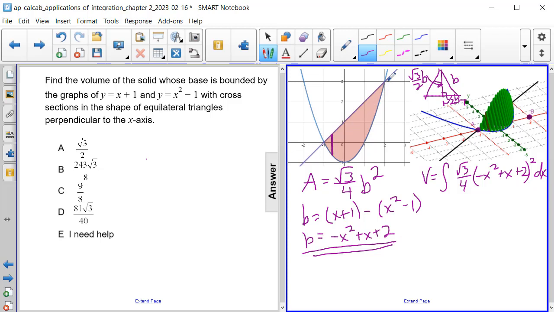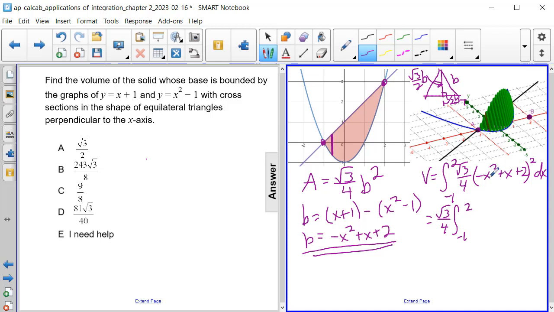If we look at our two-dimensional graph to determine the lower and upper bounds, it will be from negative 1 to positive 2. Because we're at negative 1, and then the x-coordinate over here is positive 2. And we can pull the coefficient square root of 3 over 4 out of the integral. So we can rewrite it as square root of 3 over 4 times the integral from negative 1 to 2.